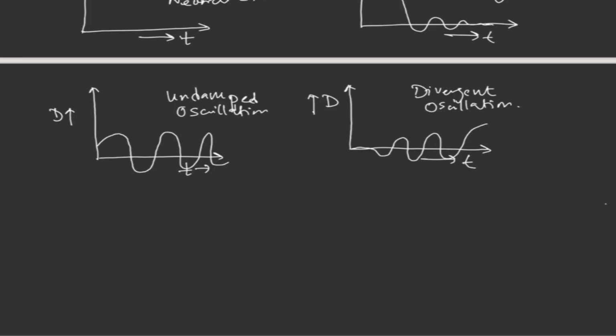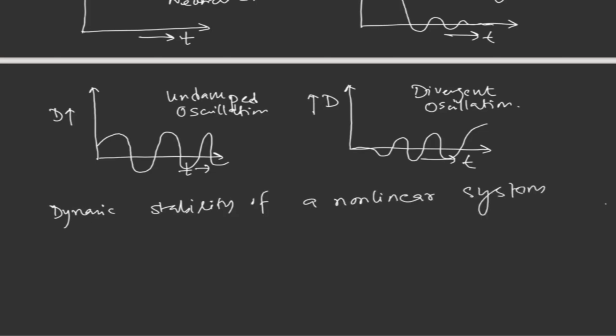In the next lecture, we'll talk about the dynamic stability of our nonlinear system, and in that lecture we'll also discuss how we can find the equilibrium point of our nonlinear system. Based on the equilibrium point, we'll discuss the stability of the system.